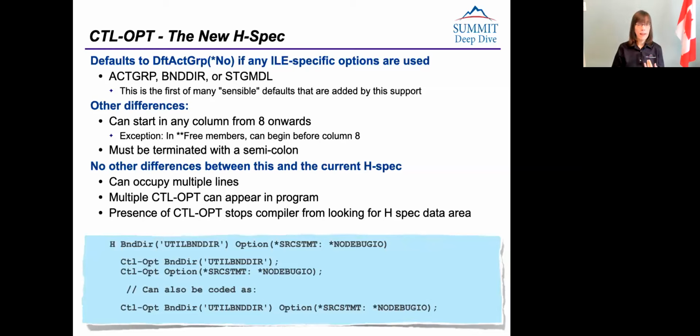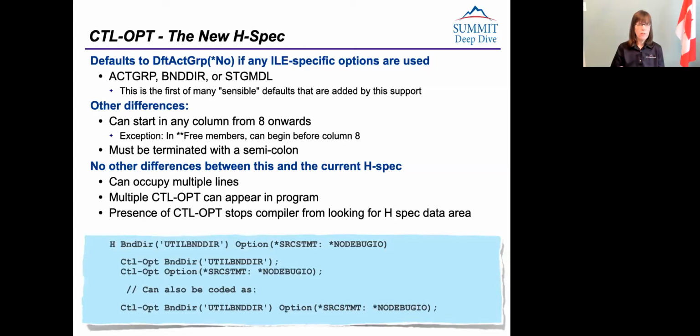So if you put the activation group name in or the binding directory name, either of which are very, very commonly used in those kinds of programs, you're no longer required to specify default activation group no anymore. Storage model is one that isn't used nearly as much, but that's another ILE specific related one.